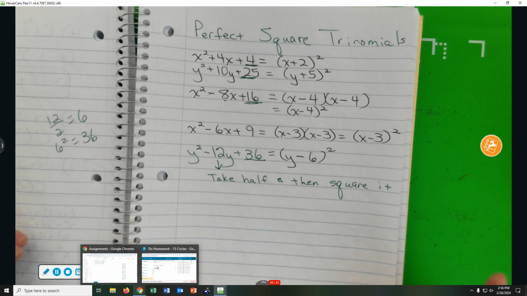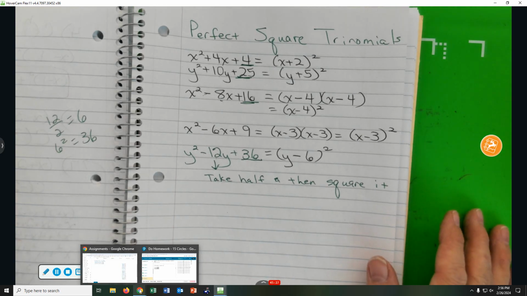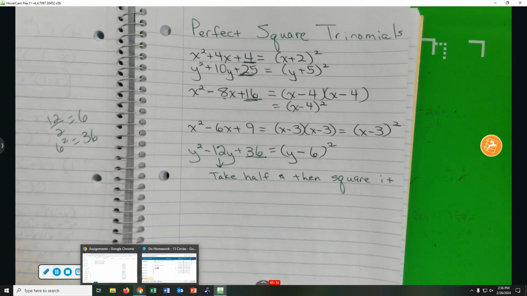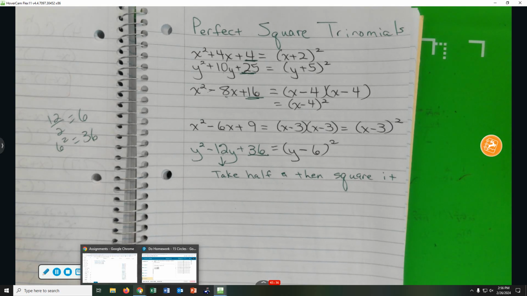Oh, and this leaflet is under Files on Canvas. So if you lose it, it's under Files on Canvas in the college algebra course. I had a student from the online class trying to use the 314 Canvas course to take the 314 quiz.